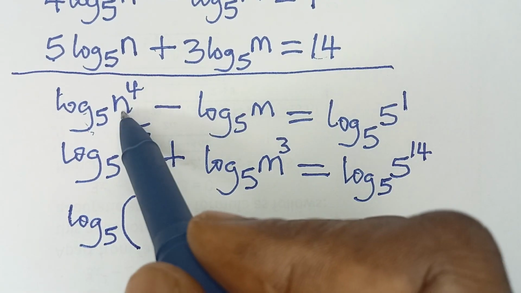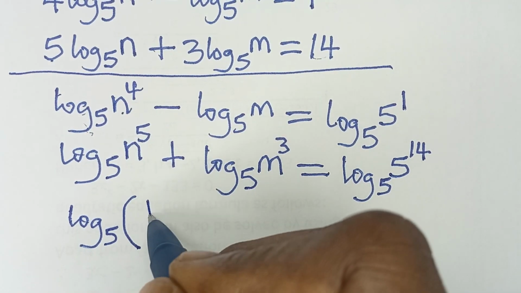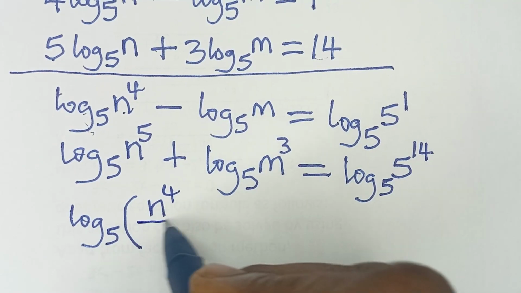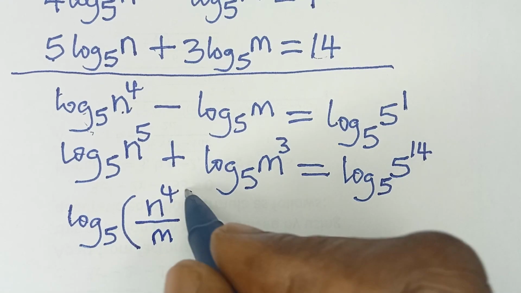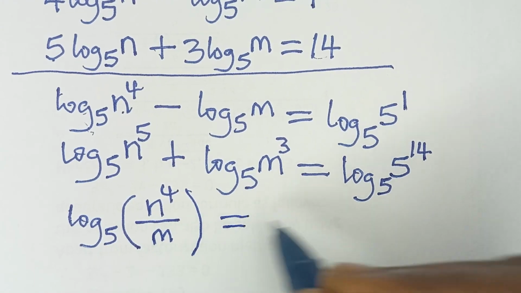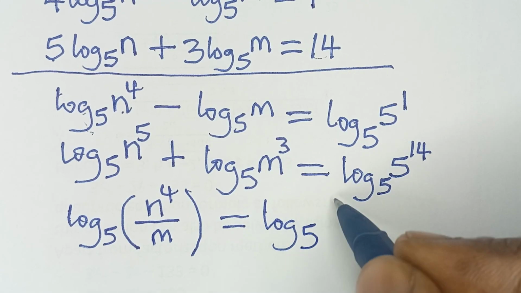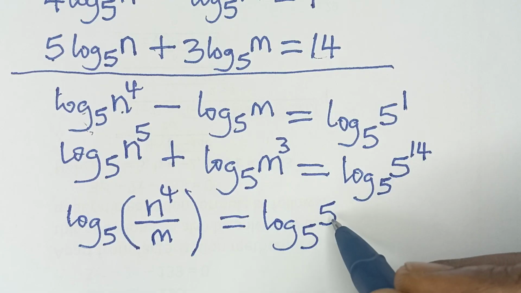Our solution started from here. So this n raised to power 4, we are going to write it down. Then because of this subtraction sign, we say divided by the value that we have here, m. And then that will be equal to log base 5 of 5. 5 raised to power 1 is the same thing as 5.